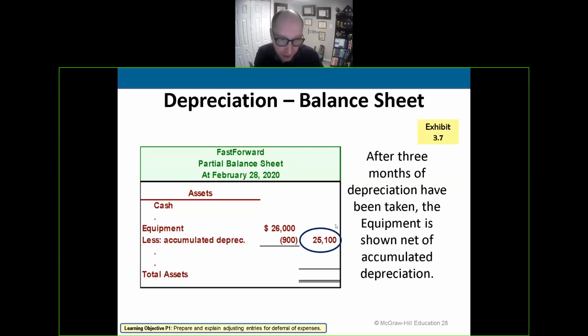That's why we call it accumulated depreciation. The word accumulated simply means I'm adding to that account every month, recognizing that depreciation.